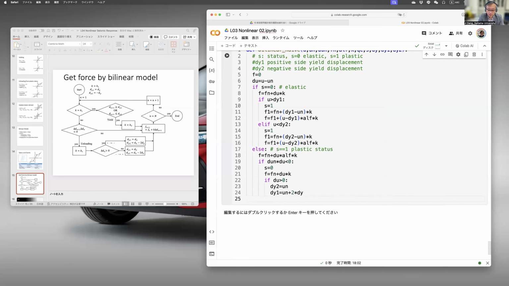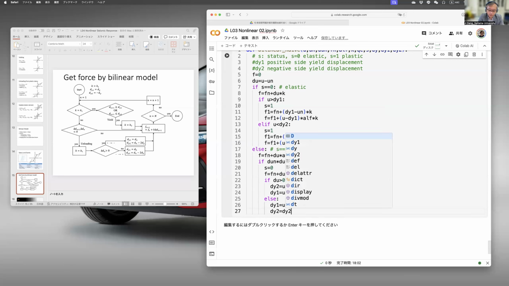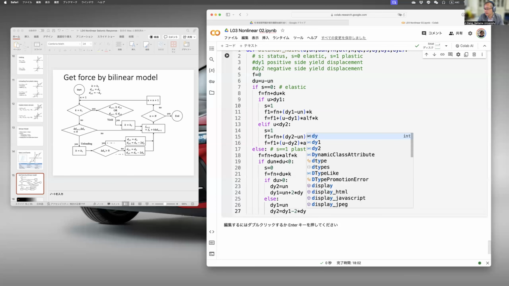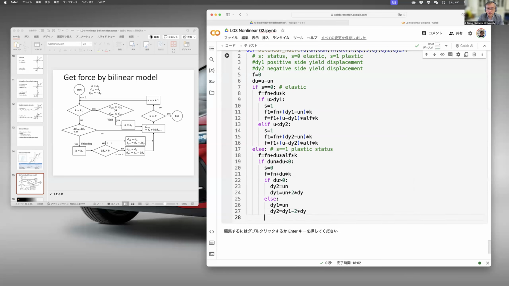And else, dy1 equals un, and dy2 equals dy1 minus 2 times dy. dy here is the function. Until now, we finished. Now we return what? F, du, s, dy1 and dy2.